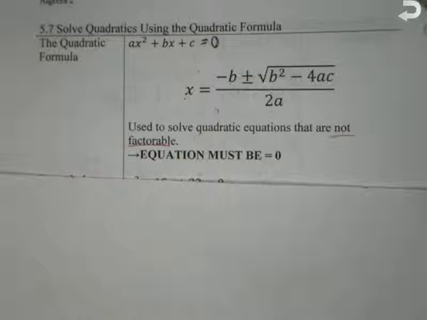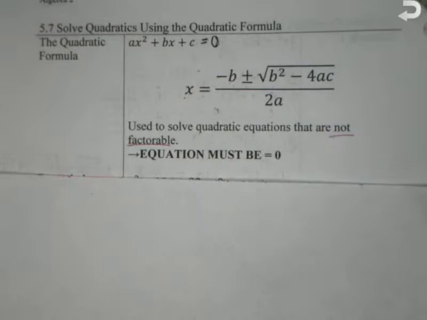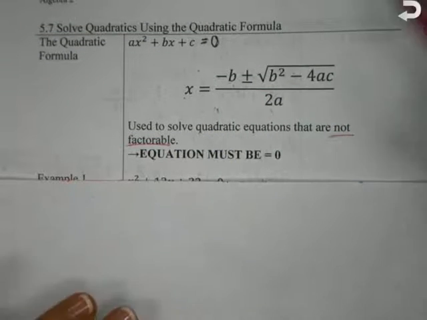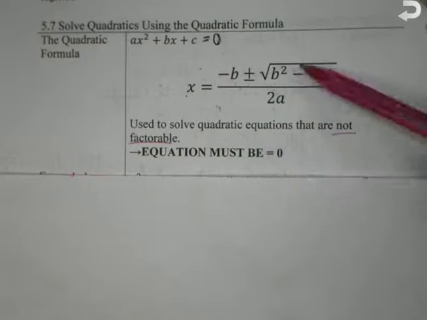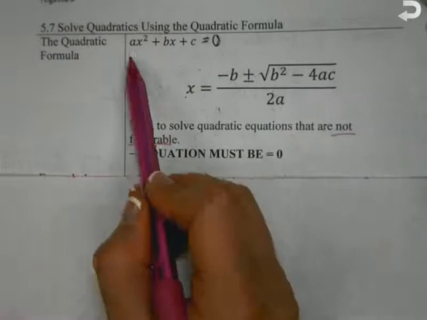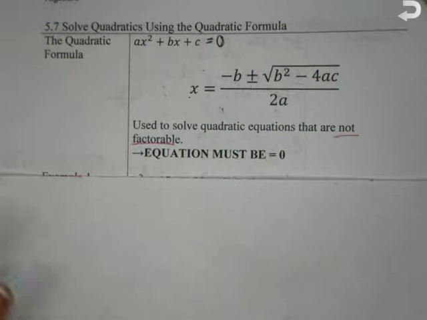So of all of our factoring methods, you can't use any of them. It is not factorable. So then you would use either completing the square or quadratic formula. Completing the square and quadratic formula will give you the same answer because quadratic formula comes from completing the square. Okay, so we get quadratic formula by taking this guy right here, the standard form, and completing the square. That's where quadratic formula comes from.